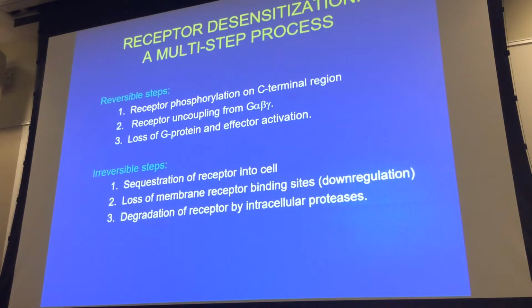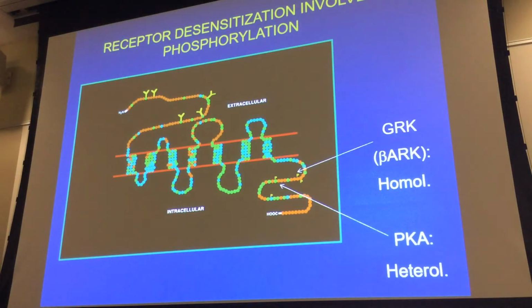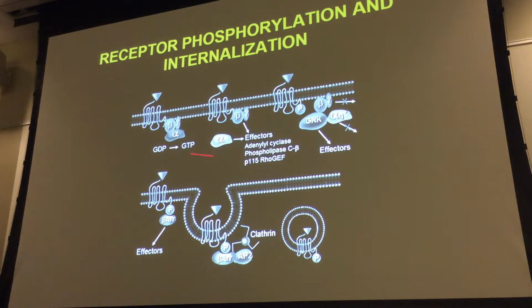So I guess you could call it pseudo-irreversible. All right. So I need you to remember this phenomenon of beta-arrestin binding to the phosphorylated state of the receptor. And this is the endocytosis mechanism. Downregulation comes second. So first we have desensitization, then we have downregulation.